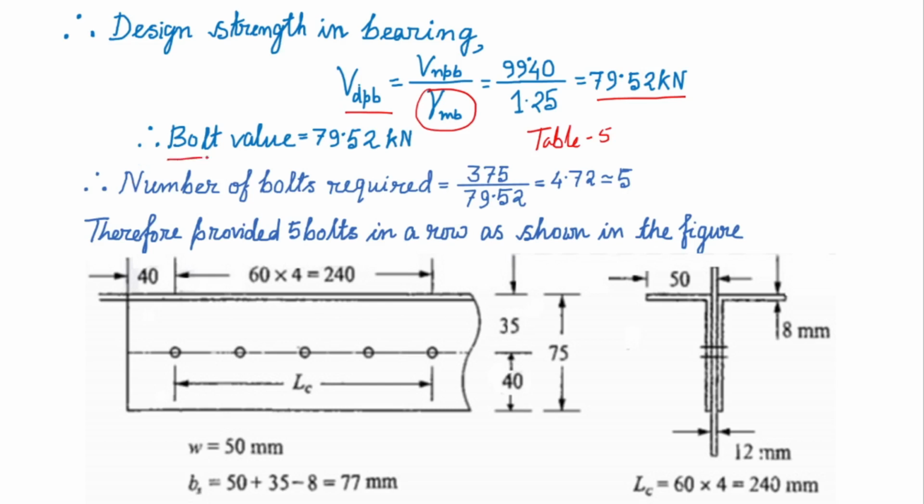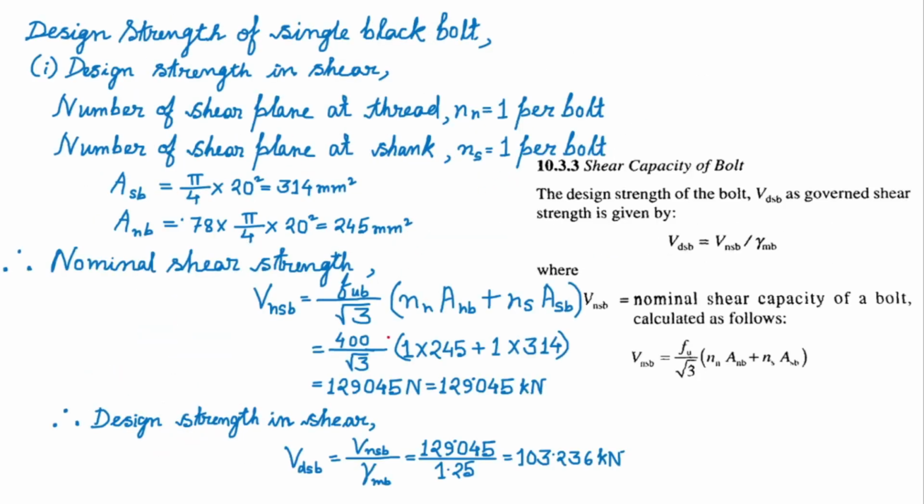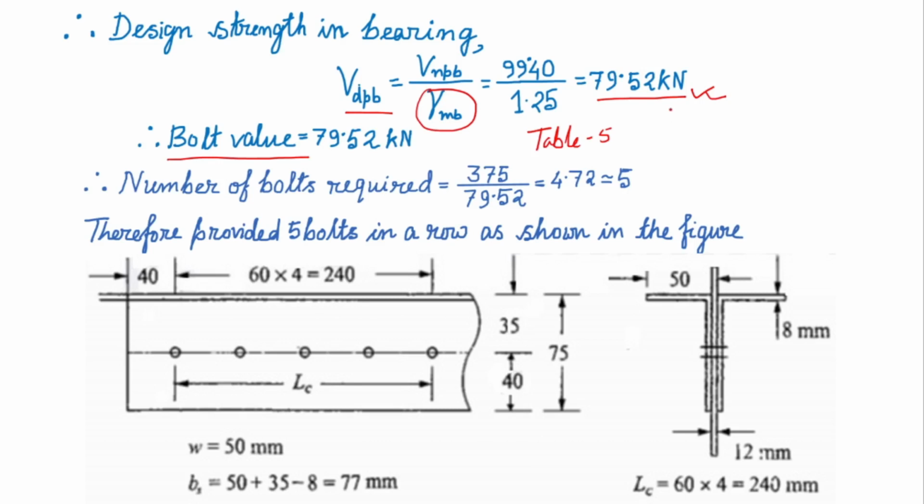Now what will be the bolt value? So the bolt value is the least of design strength in bearing and the design strength in shear. One is 103.236, the other is 79.52. So the least one is the design strength in bearing. So this will be the bolt value of the black bolt.